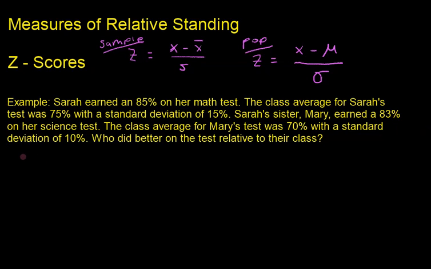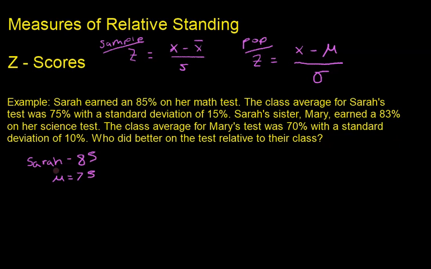Sarah earned the 85, and the 75% is the population mean, so mu is 75. It doesn't matter if I write this as 0.85 and 0.75, as long as I'm being consistent. I can just leave it as 85 and 75.